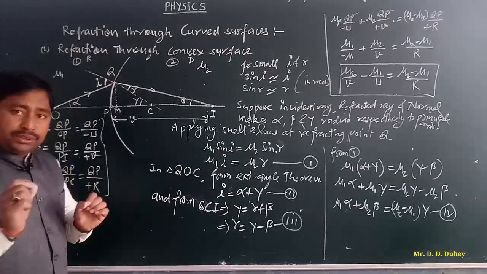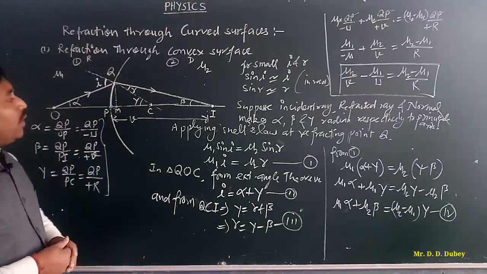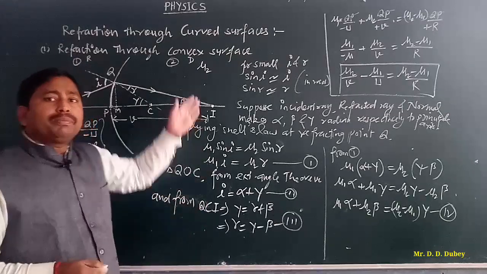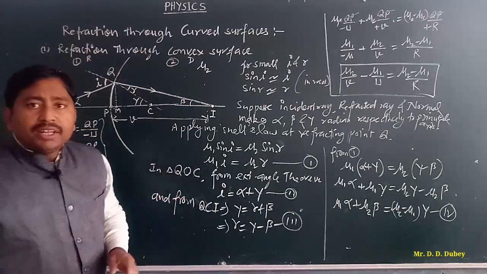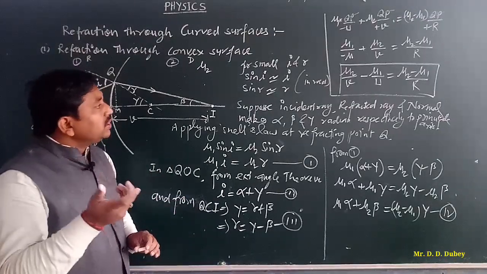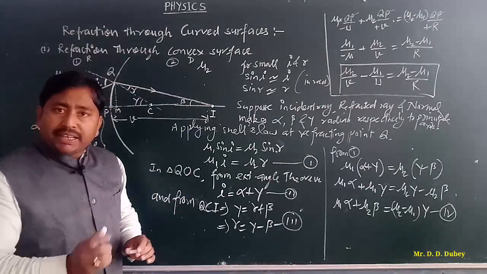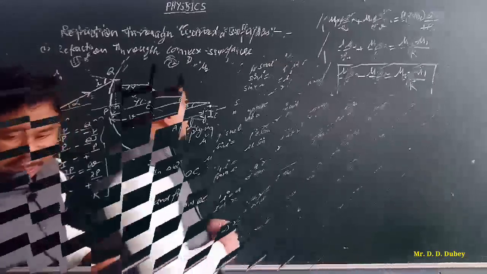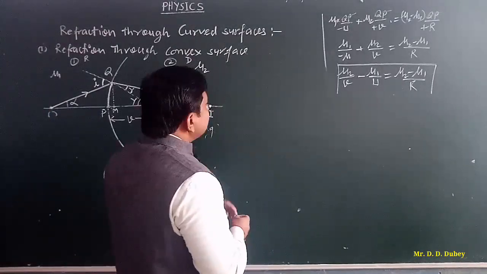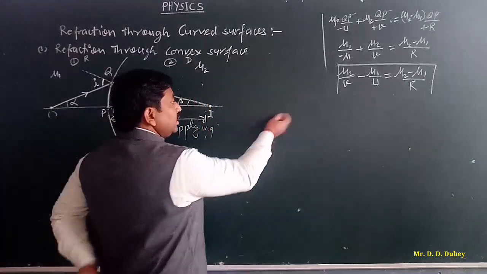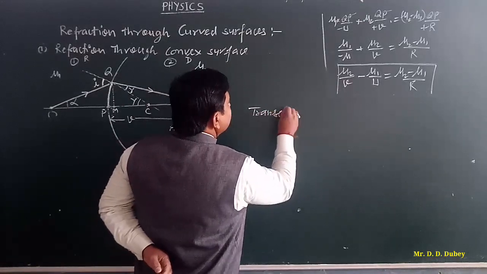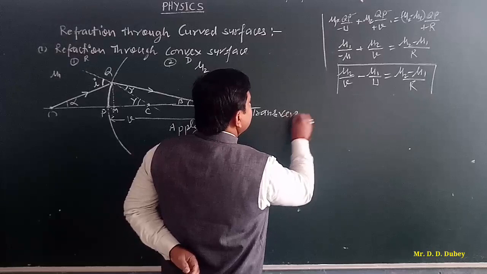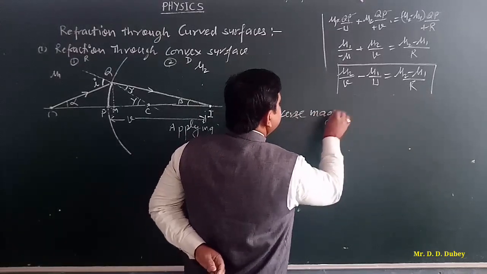If we choose a finite size object, then what will be the magnification produced by such spherical curved surfaces? Let us derive an expression for the formula of transverse magnification.